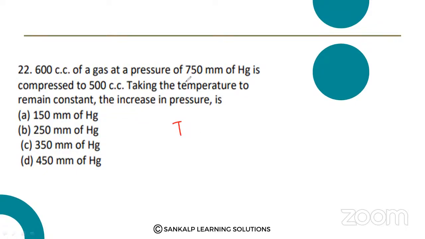So P1 V1 equals P2 V2. Now, what is the pressure? It is 750 mm of Hg, compressed at V1 of 600 for one particular gas. What will be the increase in pressure?